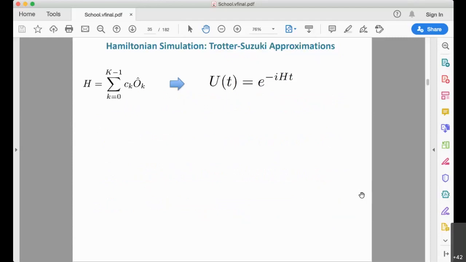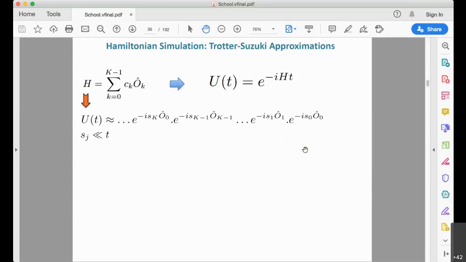All right, so how does this work? Again, we start from our Hamiltonian, which was a linear combination of Pauli products. The evolution operator is this exponential, e to the minus iHt. Now we're going to approximate the exponential, as I said, as a concatenation of short-time evolutions under each of the terms, ordered in some way.